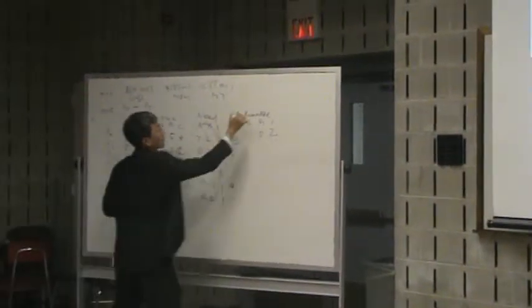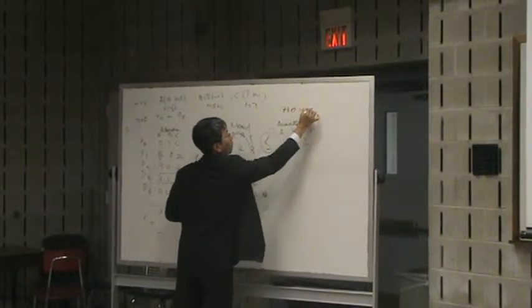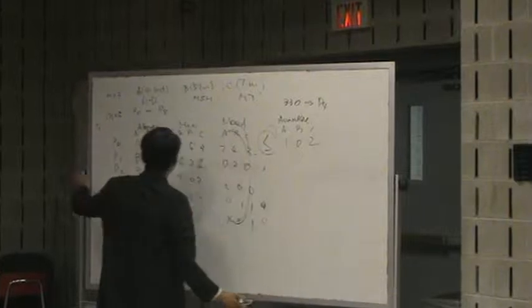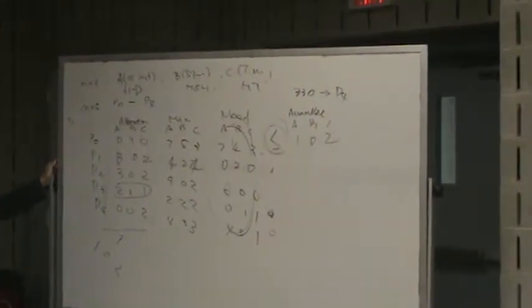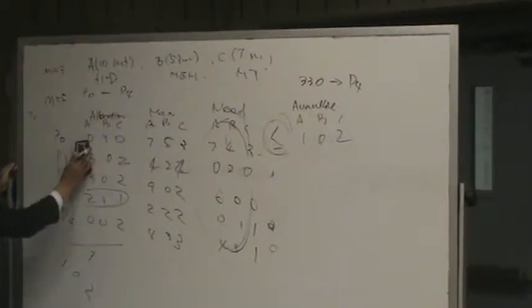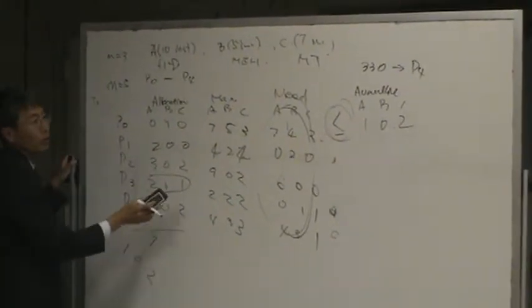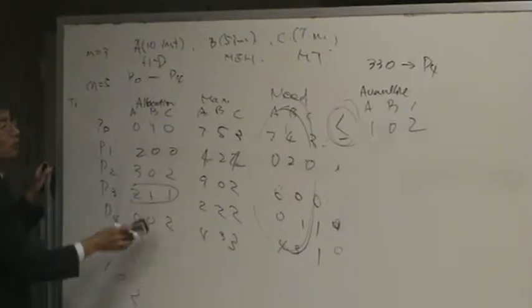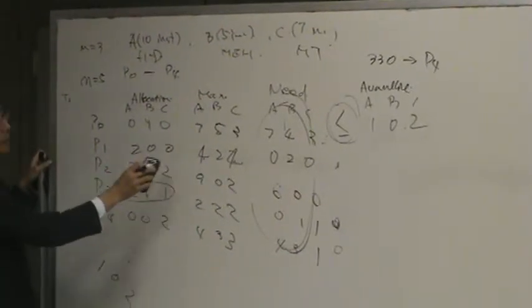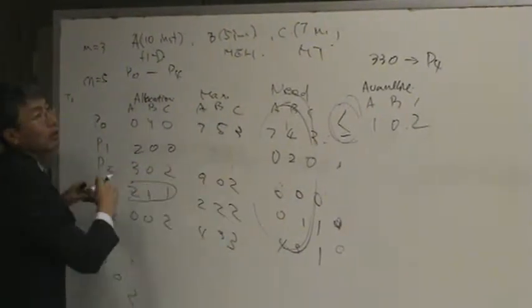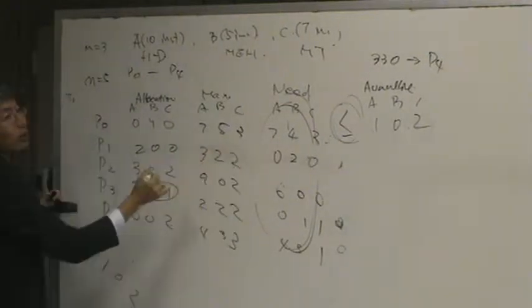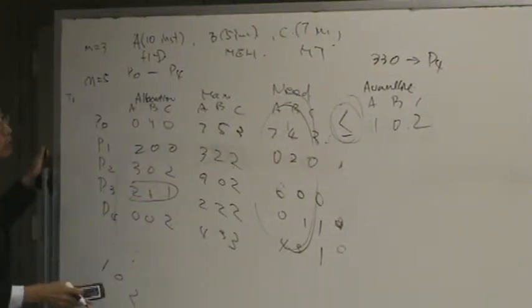So 3, 3, 0 for P4. So this time 0, 1, 0, 2, 0, 0, and 3, 0, 2, 2, 1, 1, 0, 0, 2. So maximum 7, 5, 3, 3, 2, 2, 9, 0, 2, 2, 2, 2, 4, 3, 3.